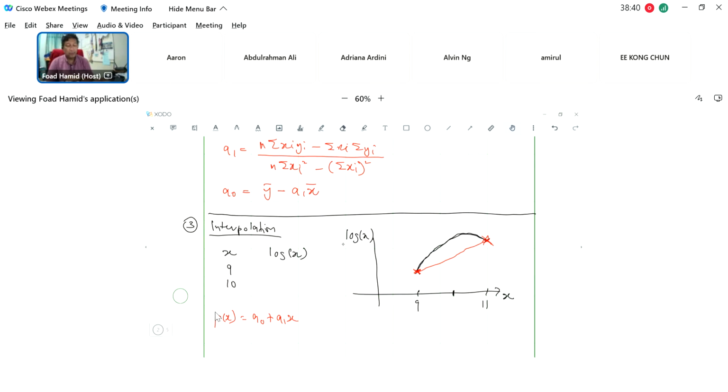So in our case, using interpolation instead of the actual curve, which we do not know, we just use the interpolation. This is our calculated value. Take note that this is the actual value, the true value, and this is the estimated value, and this is our error. This is the idea behind interpolation.